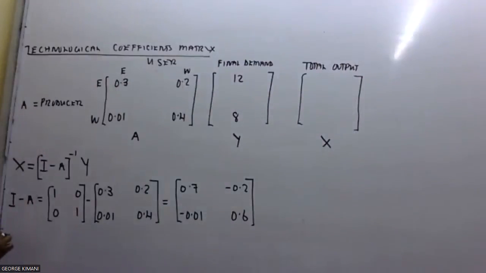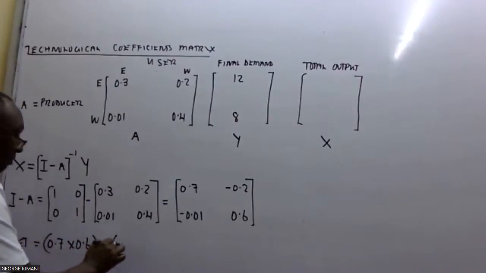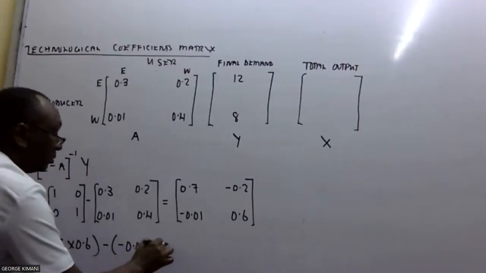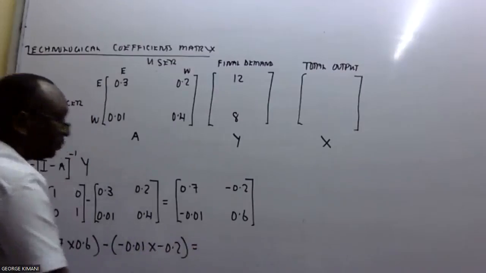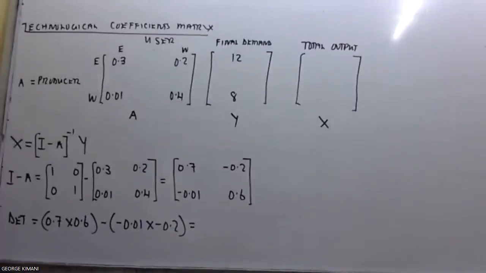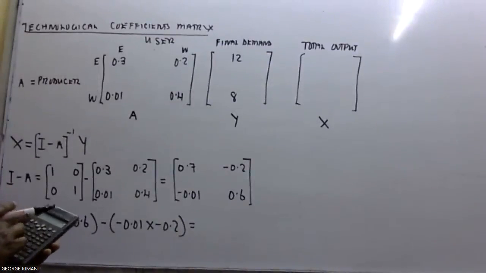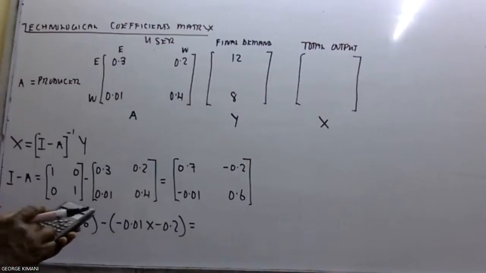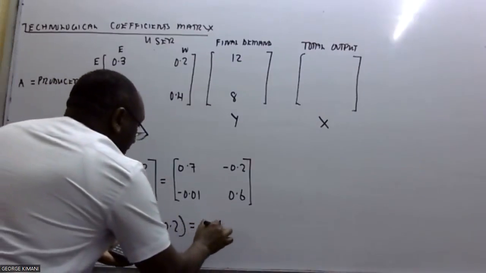So the determinant is 0.7 times 0.6 minus 0.01 times minus 0.2. That gives 0.418.